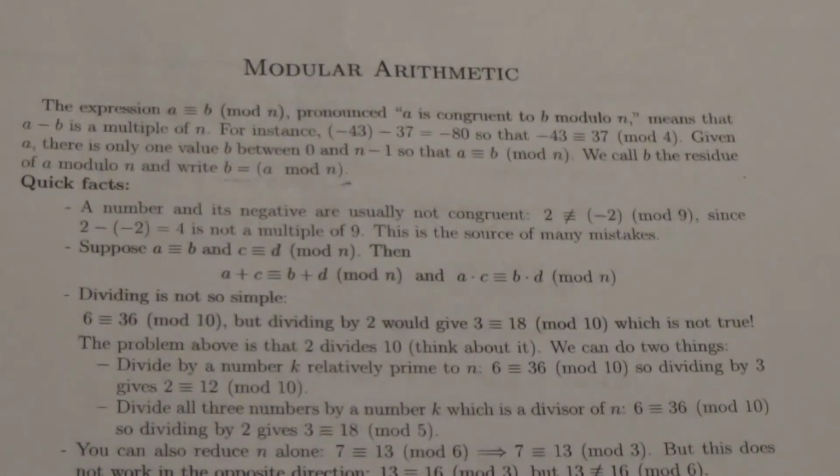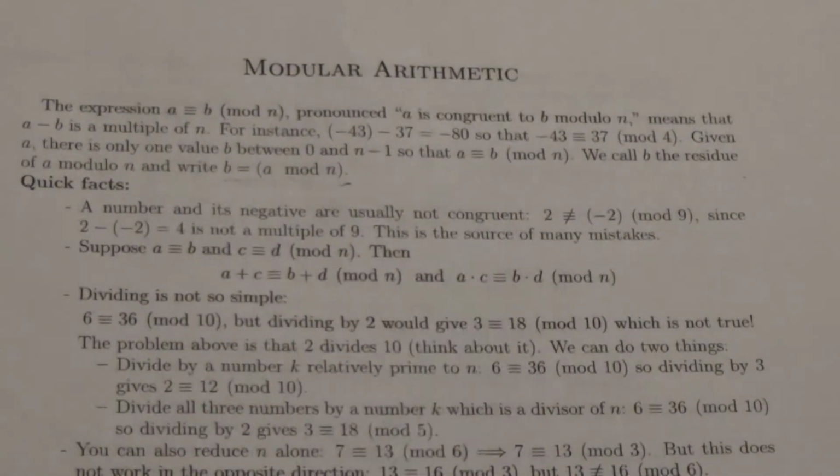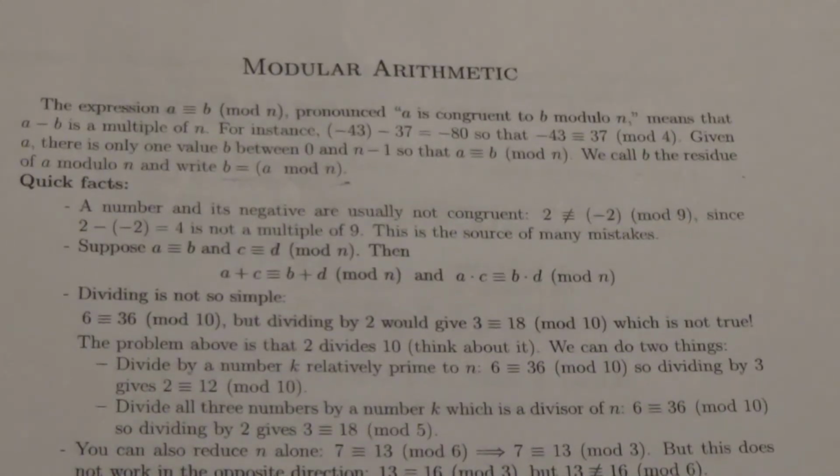The first thing here is it says a number and its negative are usually not congruent, and that might already be obvious, but even if it's not, for instance, 1 typically isn't even equal to negative 1. That typically wouldn't make much sense. And even in the modular arithmetic world, it usually doesn't make sense.